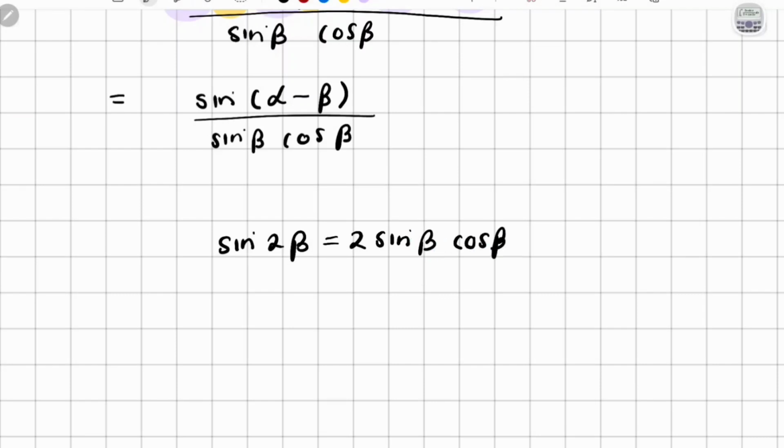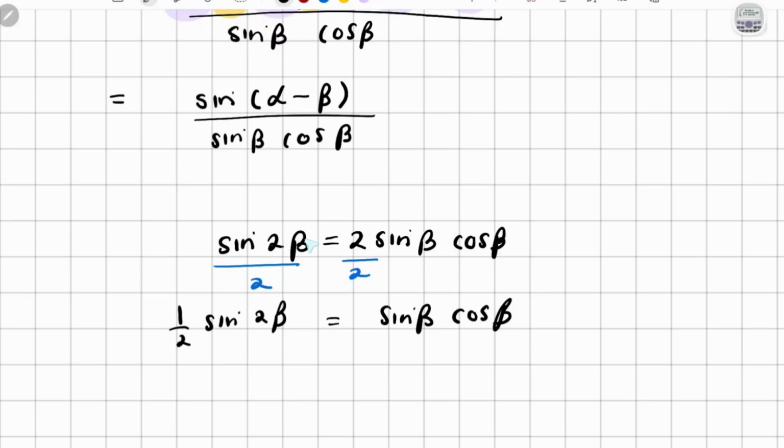Then if you made sine beta cos beta the subject, you would divide both sides by 2 to get rid of the 2. And then you would have sine beta cos beta equal to sine 2 beta over 2, or 1 over 2 sine 2 beta.